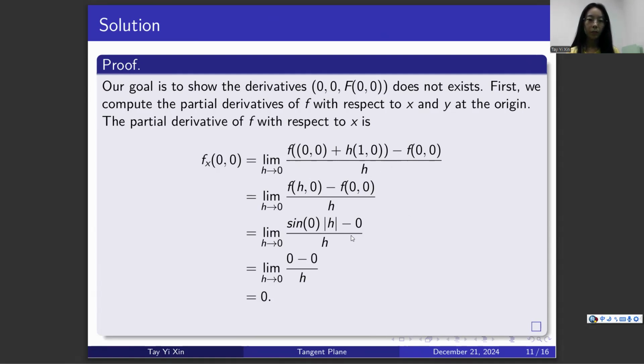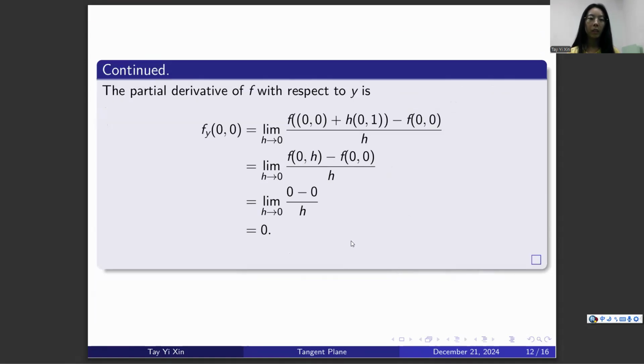We then find that the partial derivative of f with respect to x is equal to 0. With the same method, we can find that the partial derivative of f with respect to y also equals 0.